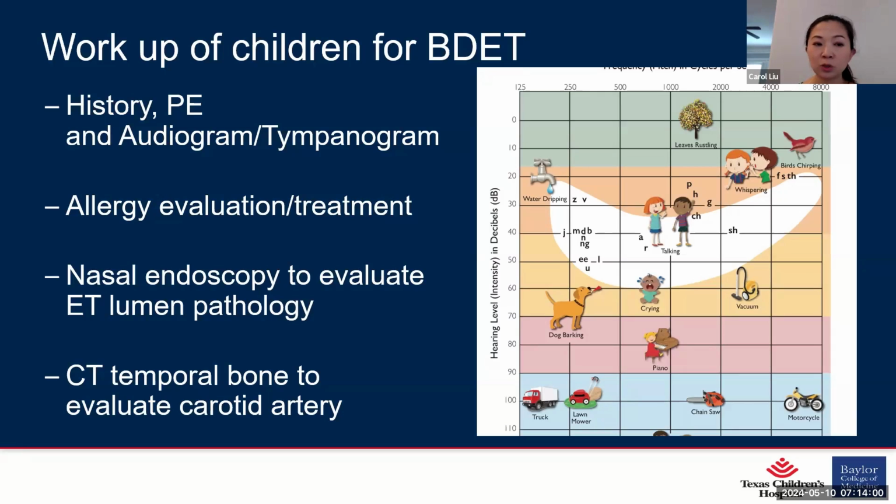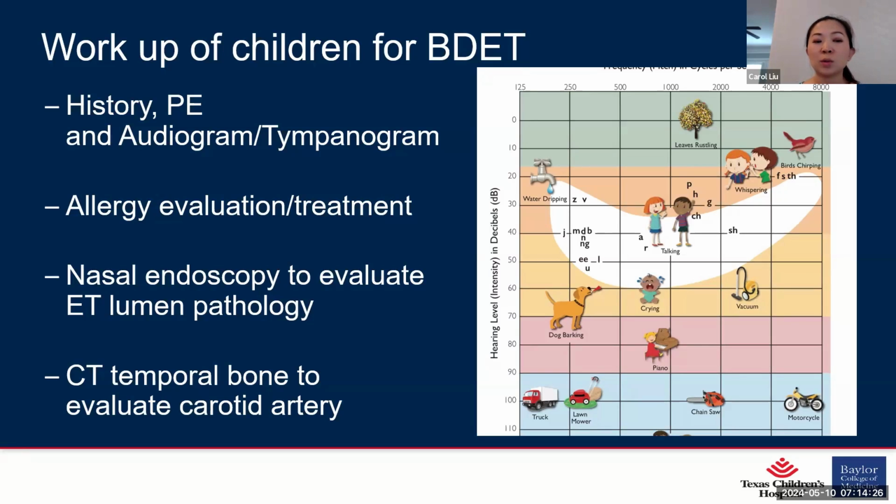If they don't kick me too much, I will put in a nasal endoscope in the clinic. I do a 30 or 0 degree rigid, depending on what I have in clinic, to evaluate the eustachian tube lumen pathology. And this goes back a little bit to patulous eustachian tube dysfunction. The patulous eustachian tube dysfunction and the obstructed eustachian tube dysfunction have slightly overlapping symptoms.